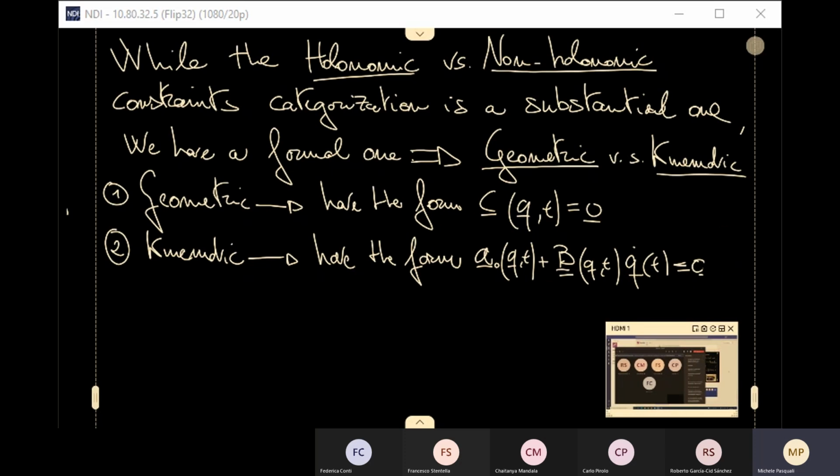They can be re-expressed like here, because the integral does exist. Okay, so this is just a matter of terminology, but it's important because eventually, in the future, you will see this differentiation, and you have to know what is the categorization between them. So we can write: holonomic, they are geometric and kinematic integrable.